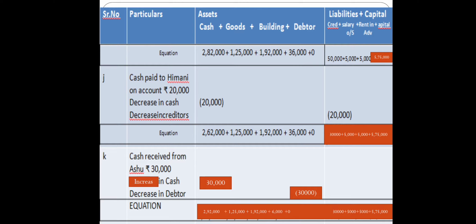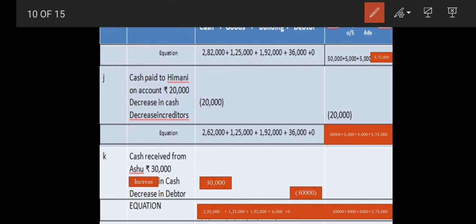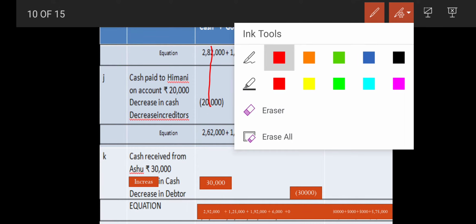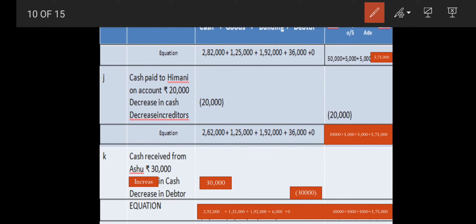So Himani was a transaction which appeared previously where the goods were purchased on credit. Now we are paying for the goods, right? So creditors will decrease over here. You can see the creditors column, I have made it negative, and it will decrease our cash also at the same time. So decrease in cash and decrease in creditors.